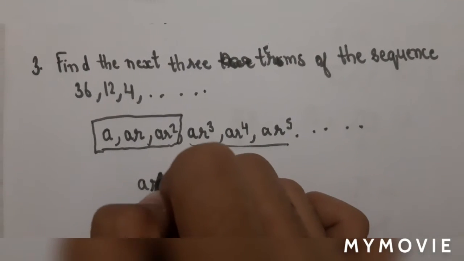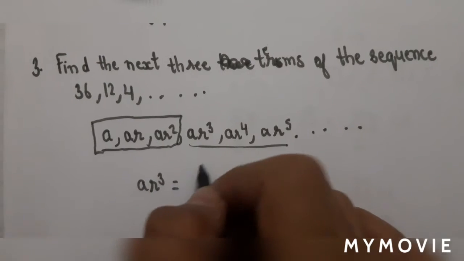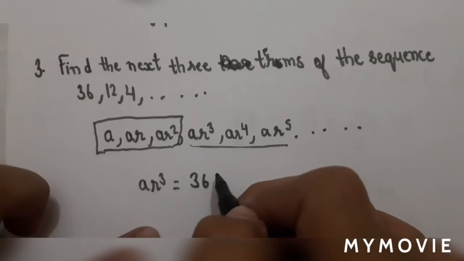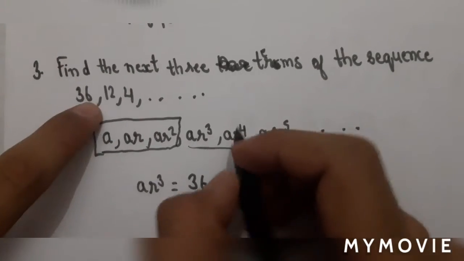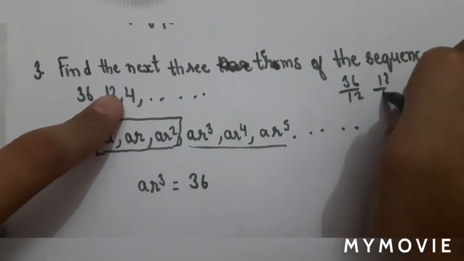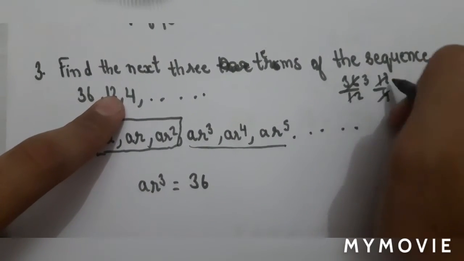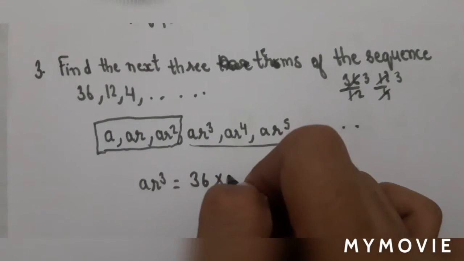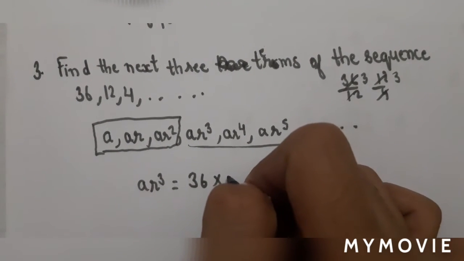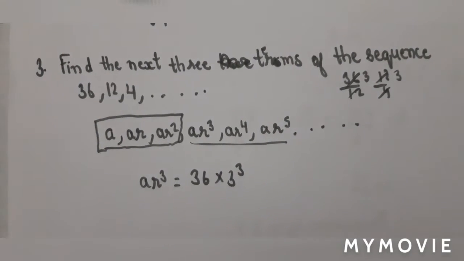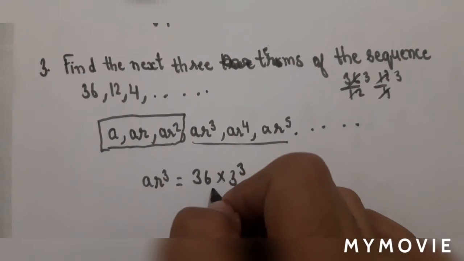So first, A is the first term, which is 36. R is the common ratio, which is 36 divided by 12 and 12 divided by 4, so you will get 3.